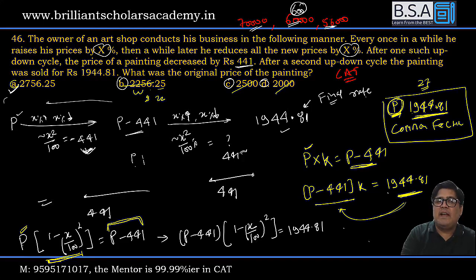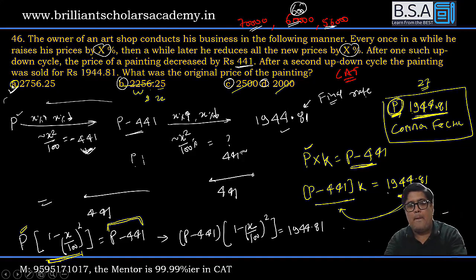The only multiple of 9 is this. Otherwise solving नहीं होगा आपसे. You could not possibly solve this. A is the answer, absolutely.